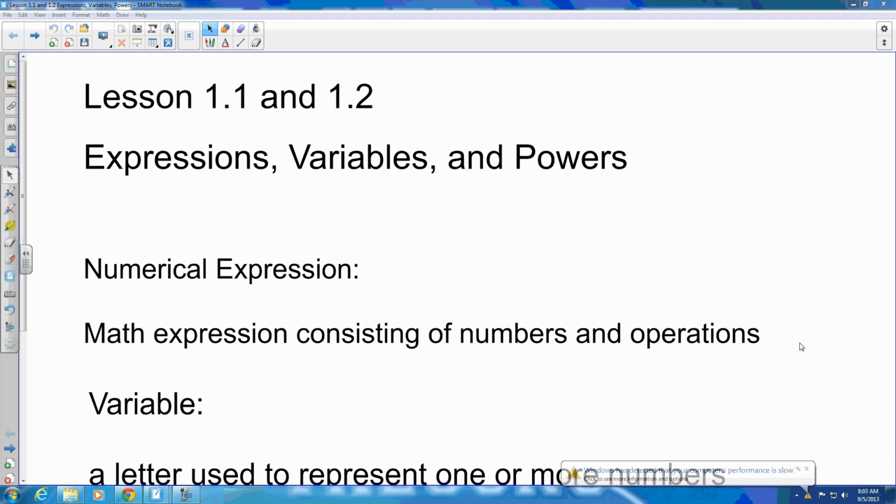Now, what I talked about in class was I wanted you to be able to understand some of the language that we're going to be using during the course of the year.